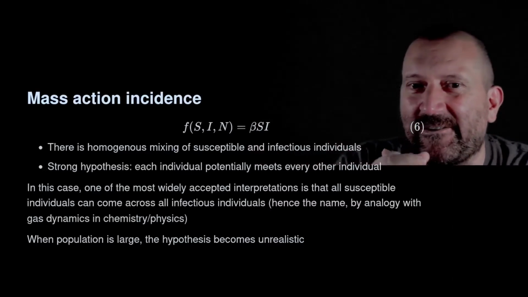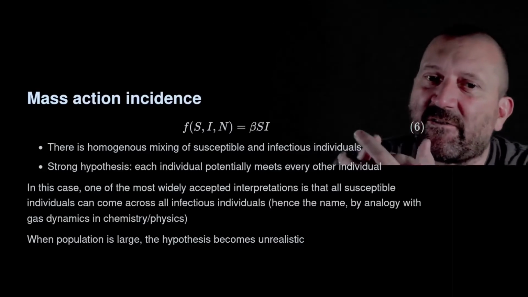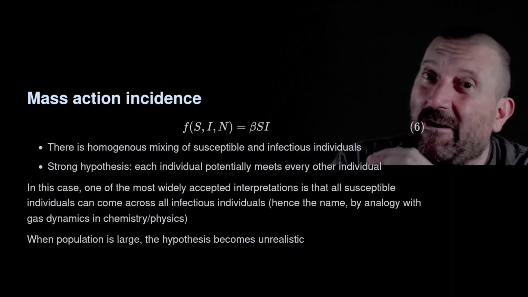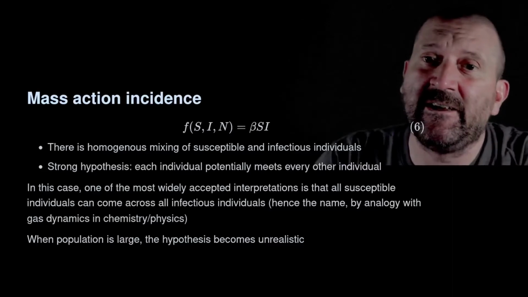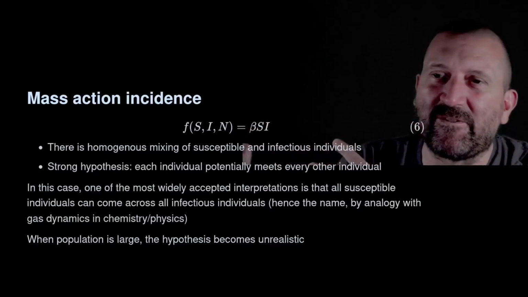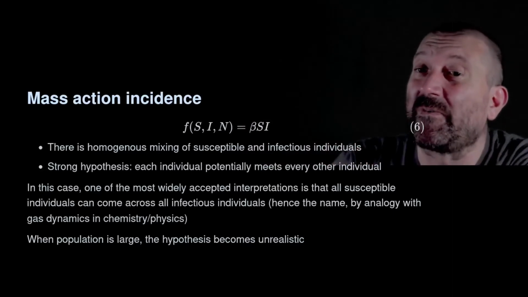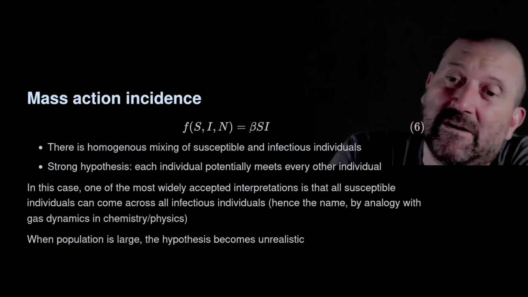Okay, so mass action incidence, to go a bit more into detail, this is a strong hypothesis. Remember, I said this assumes that every susceptible comes into contact with every infectious. That's the number of contacts that can take place.